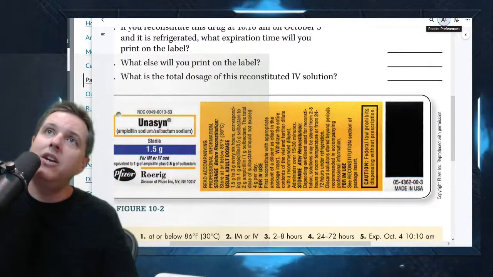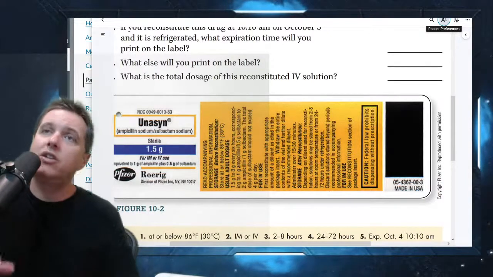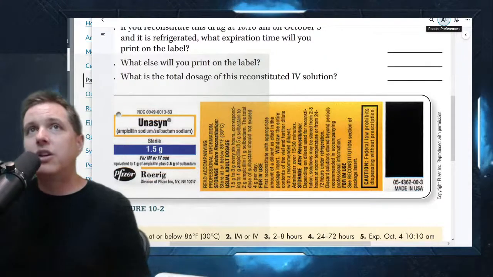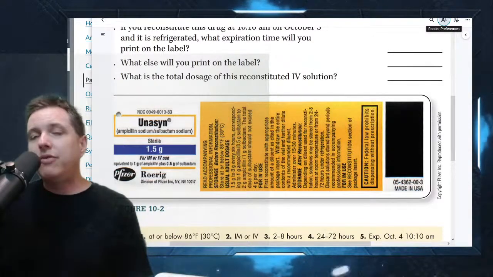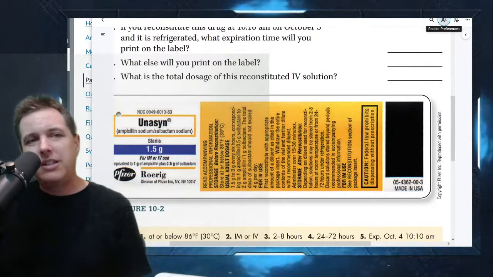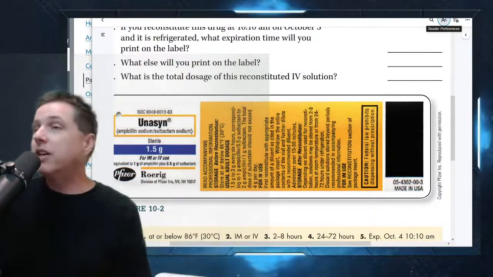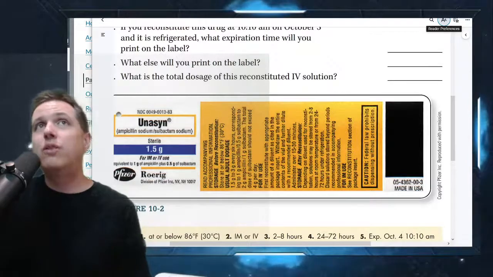It says, depending on diluent used for reconstitution, solutions may be stored from 2 to 8 hours at room temperature or from 24 to 72 hours under refrigeration. So this is where, if you're leaving the information for the next person who's going to use it, you have to know, okay, am I storing this with refrigeration or not? And that's going to decide whether the thing lasts 2 to 8 hours or 24 to 72 hours.